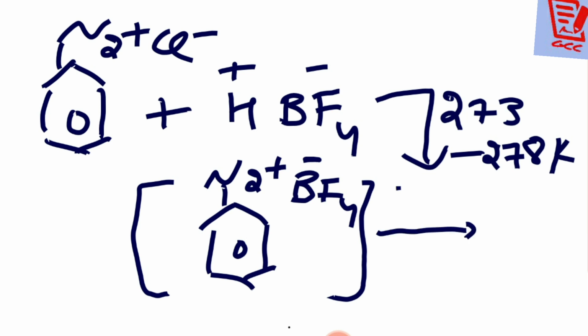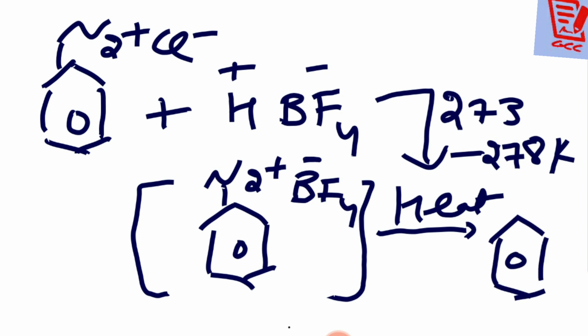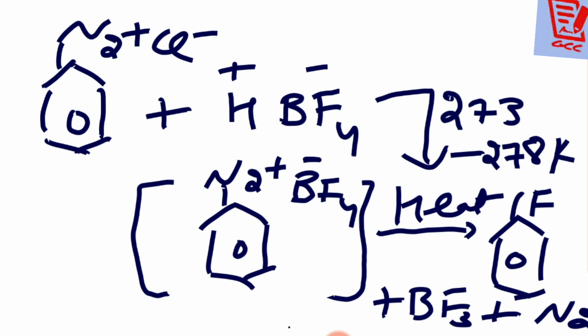After that, after the heating, what we are getting over there, beta? Here we will get fluorobenzene. And see, BF4 was here, one F came there, BF3 plus N2. Is that clear?